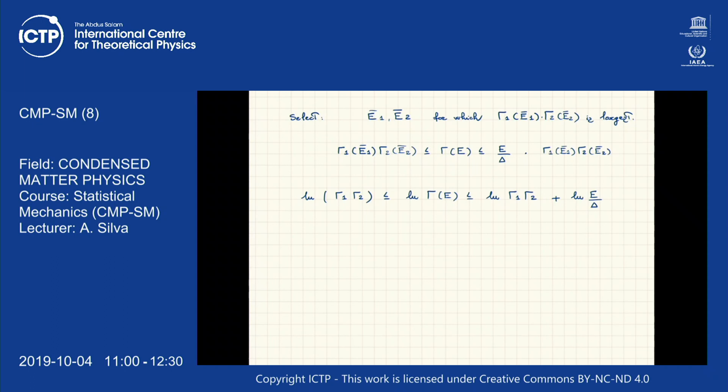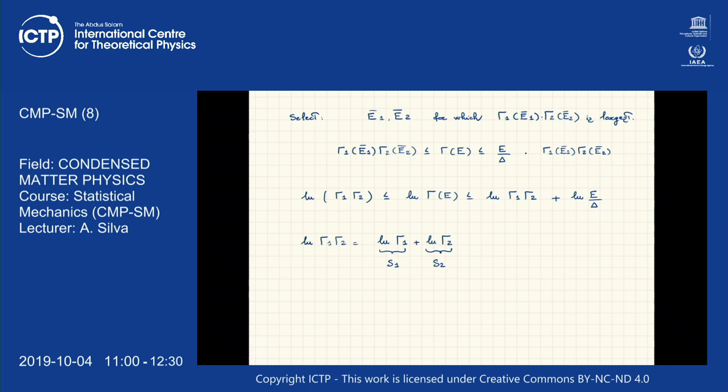Right? But now, notice an important thing. What is the log of gamma 1 times gamma 2? Well, this is equal to the log of gamma 1 plus the log of gamma 2. This is entropy 1 plus entropy 2, right? So this is S1, and this is S2.